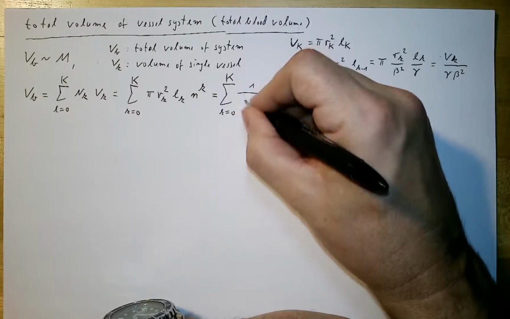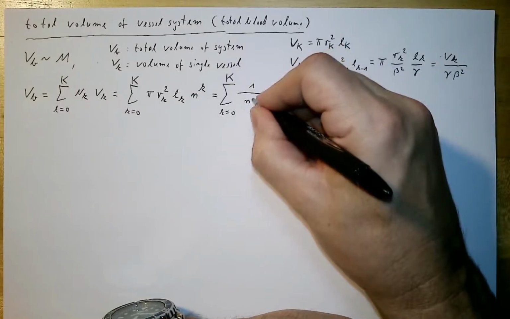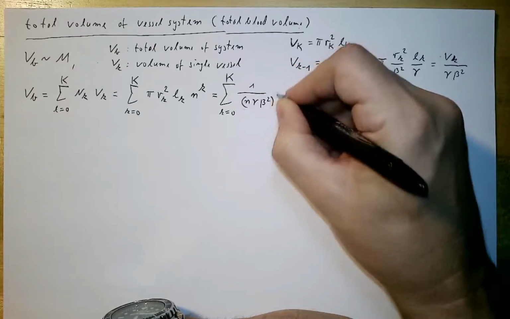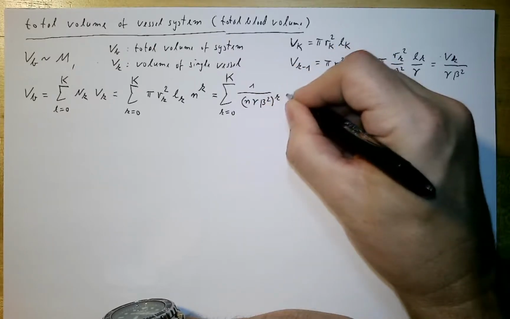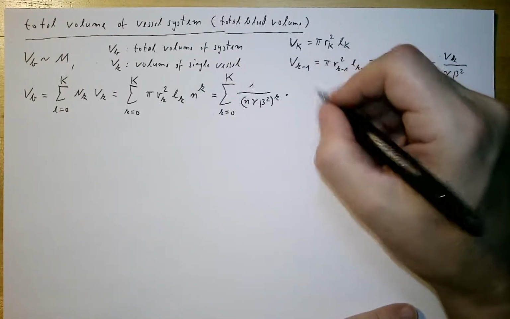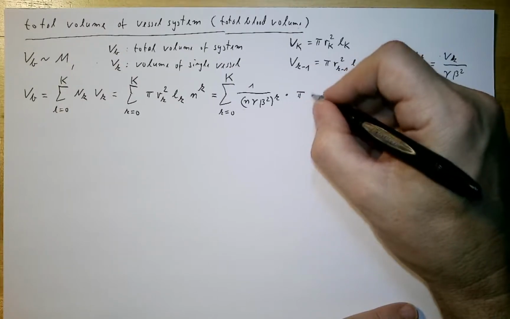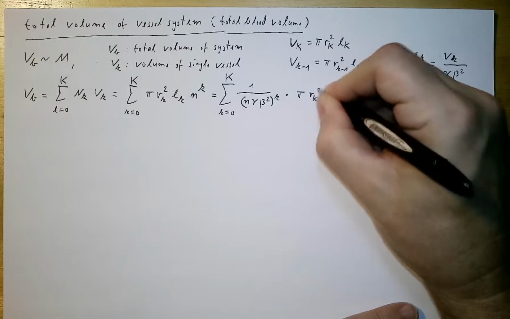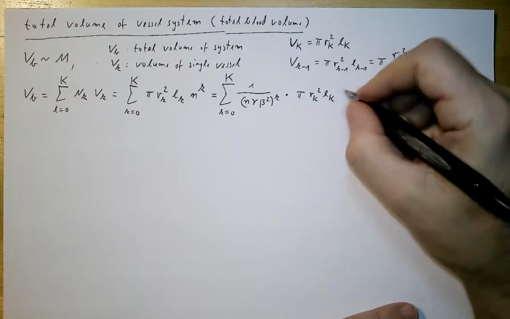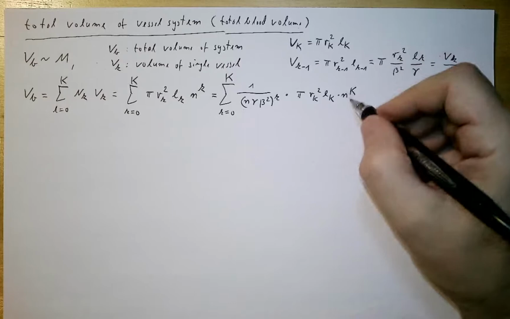So we take here an N gamma beta squared, the whole thing to power K, times the volume at level K, so pi radius K squared L capital K times N to capital K.